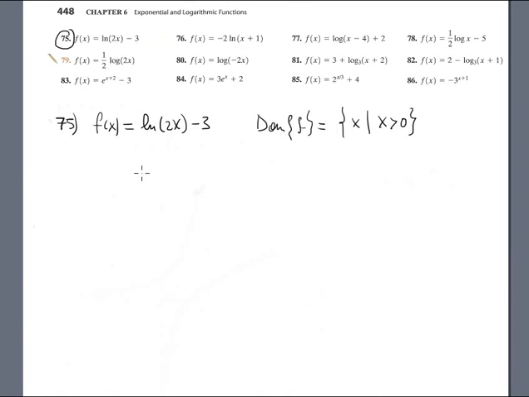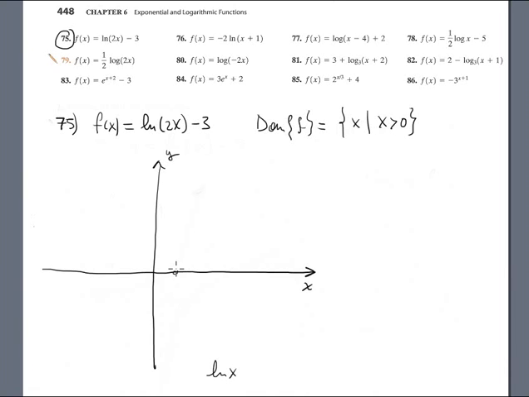Now let's see the graph. Let's start with the basic logarithmic function, so basic ln x.